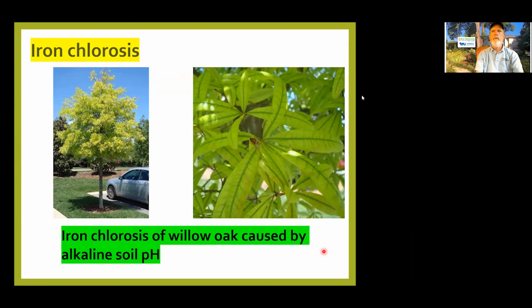Maybe the tree is growing real well. Sometimes it's just temporary. Sometimes it was too near where they put in a new parking lot. And of course, the cement or the sidewalk can be more alkaline, and that can cause the tree to suffer from iron chlorosis.